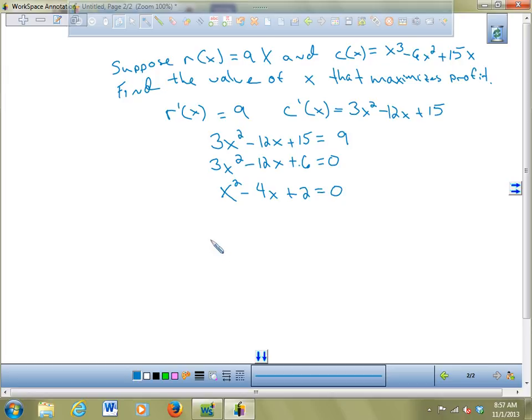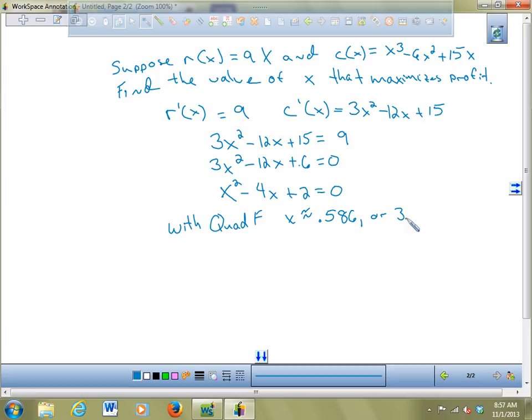It doesn't factor, so you do have to plug into the quadratic formula, and with the quadratic formula, you get x is about equal to 0.586, 3 decimal places, or 3.414.